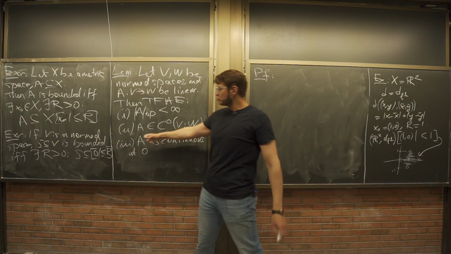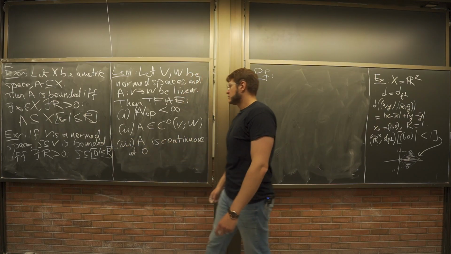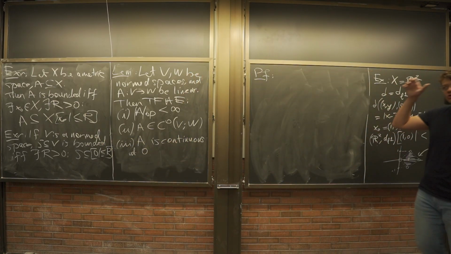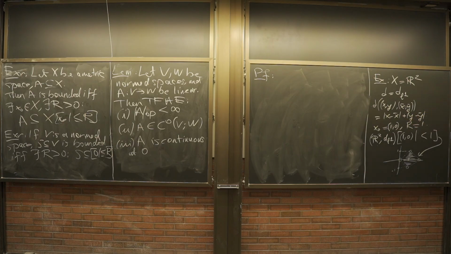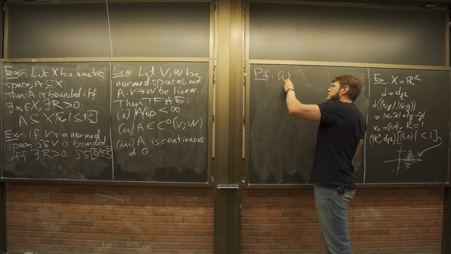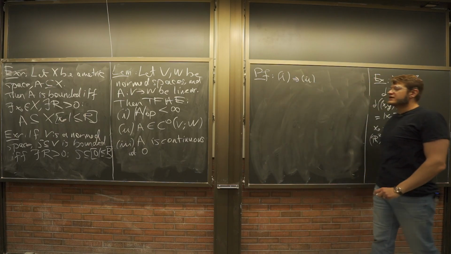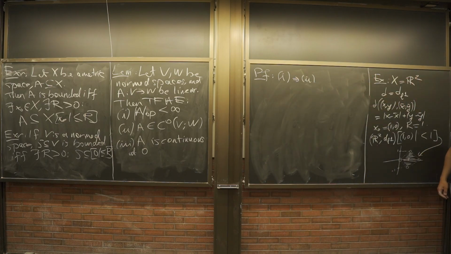So let's prove it. Of course, 2 implies 3, because if a function is continuous, it is continuous everywhere. So we need to go from 1 to 2, and then from 3 to 1. We can use epsilon delta, like we discussed yesterday. Let me use a sequence. I like sequences more.